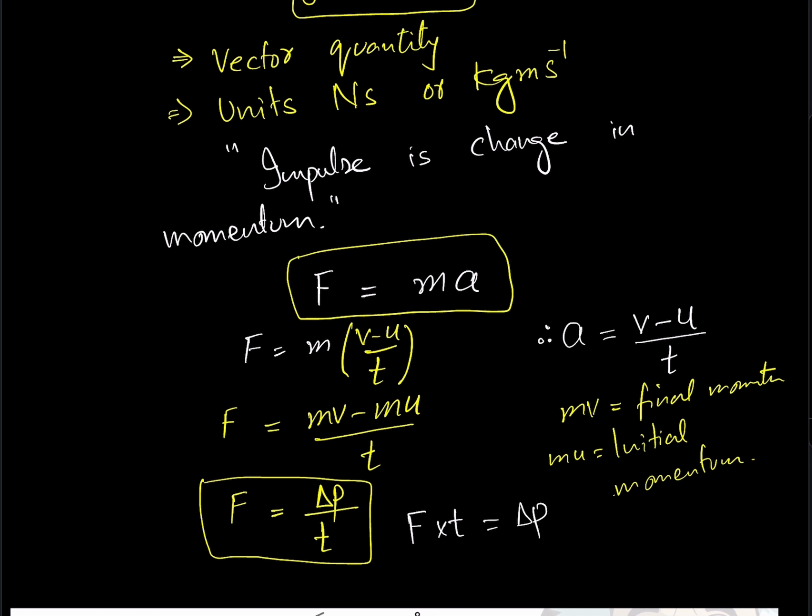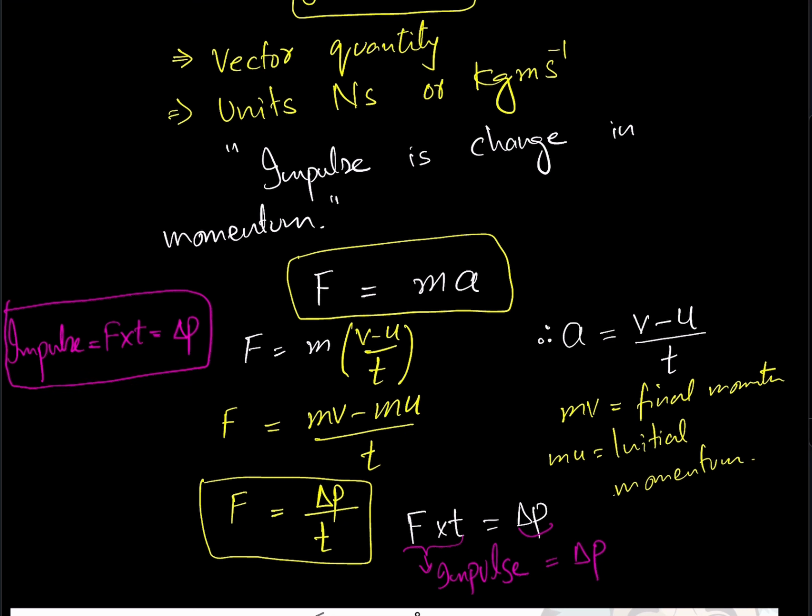We already know that F and delta t give the impulse defined above, so impulse is equal to delta p. Impulse can be written as F into t, which equals delta p. So they are equal to each other. That is the definition, the mathematical form, the units and the nature.